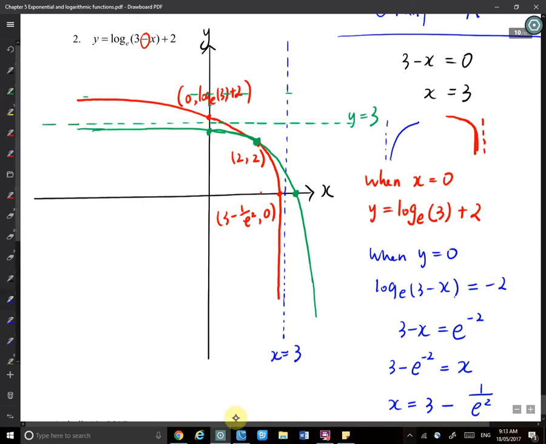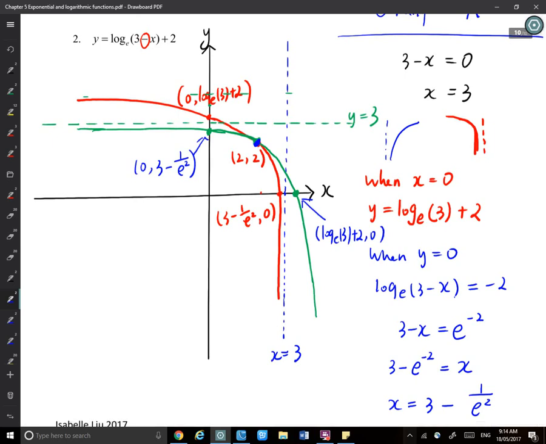I will have this point (0, 3 minus 1 over e to the power of 2). I will have this point (log e 3 plus 2, 0). And this point is (2, 2) as well.